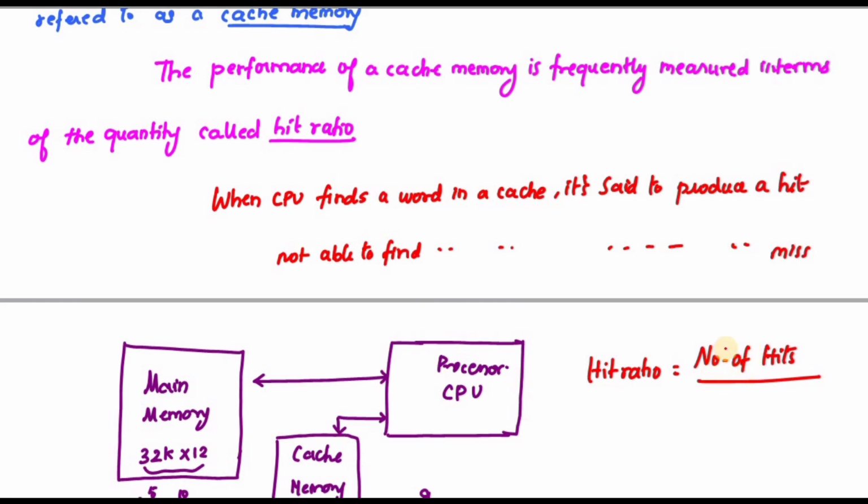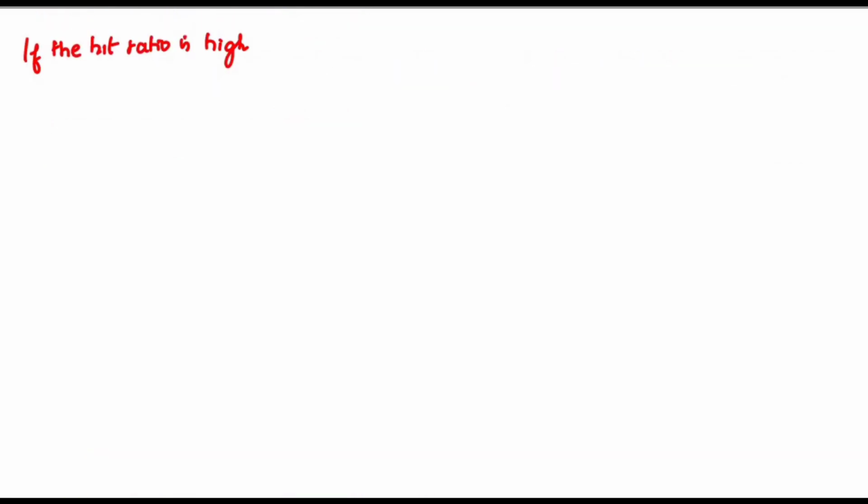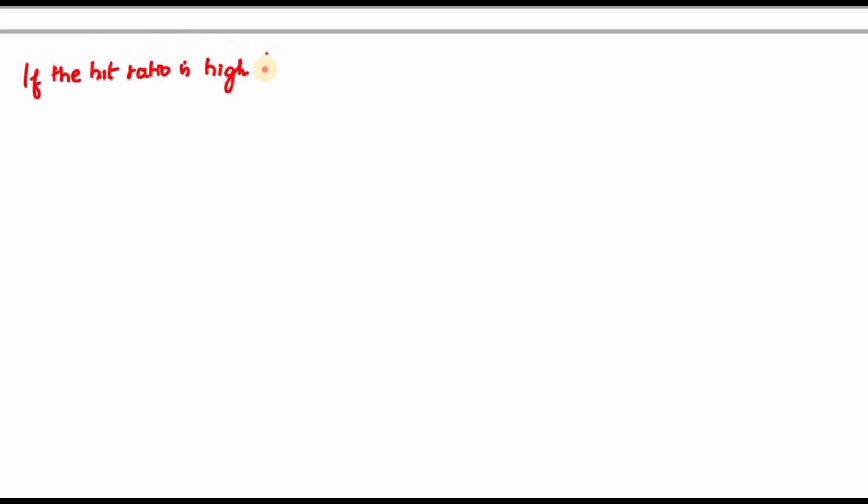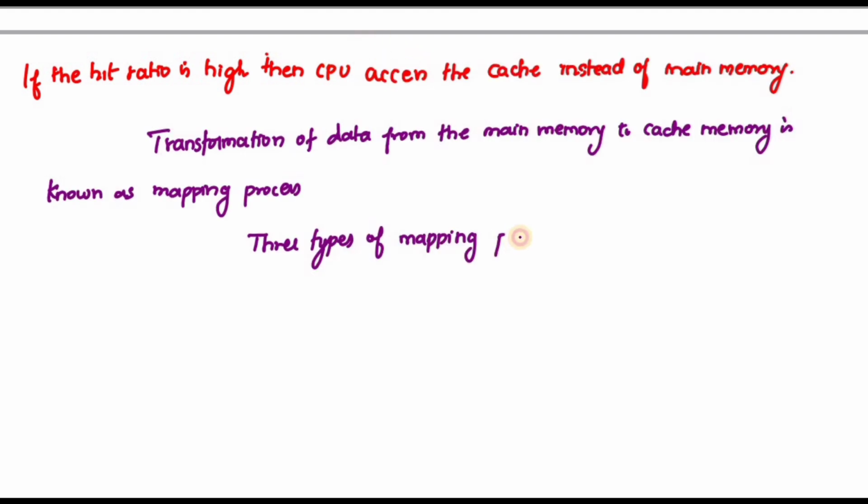If it is not, then it is called a miss. So what is the hit ratio? The hit ratio is defined as the number of hits divided by hits plus misses. If the hit ratio is high, the CPU can access the cache instead of the main memory. So this will make my processor work fast.